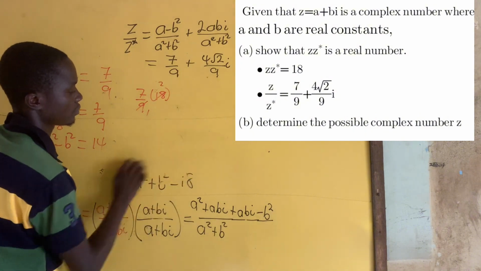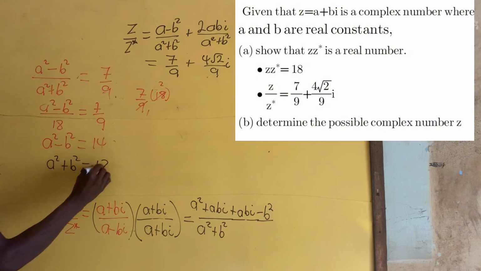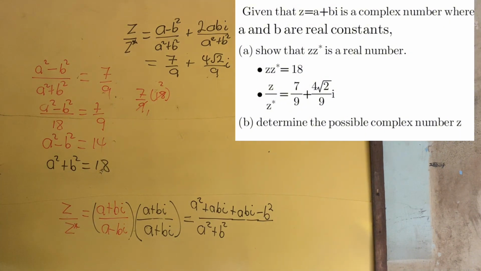Now, we have a squared minus b squared equals 14, and we have a squared plus b squared equals 18. We have that one there, right? Okay.